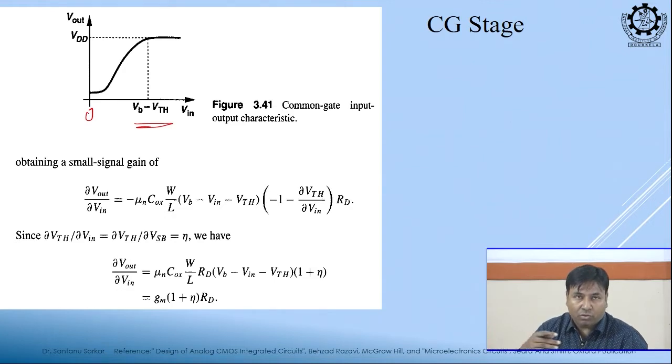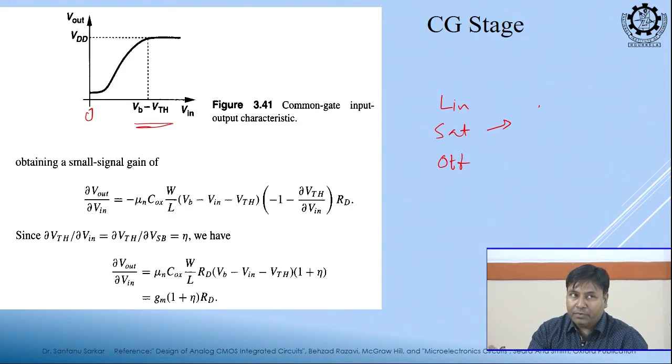Clear? So, do not just blindly believe, try to analyze what is happening. It is starting from 0, what is happening, when can it go off. So, 3 regions you just remember: at linear what is happening, at saturation what is happening, what is the point of saturation, and when it is off what is happening.